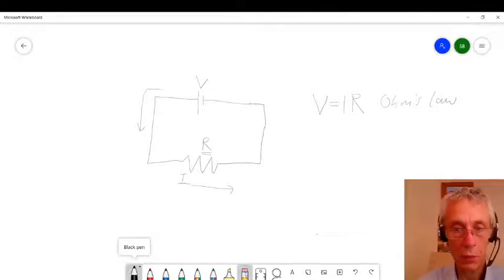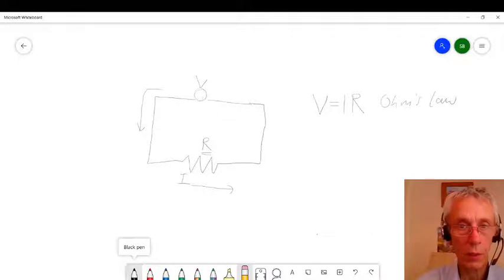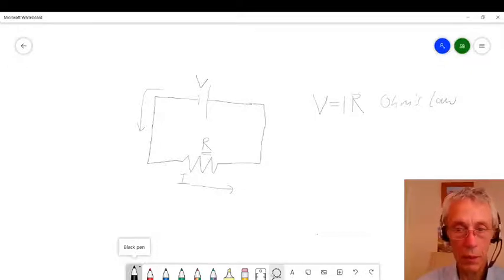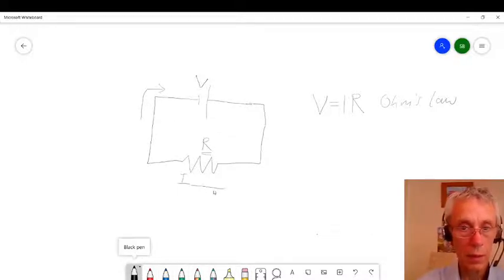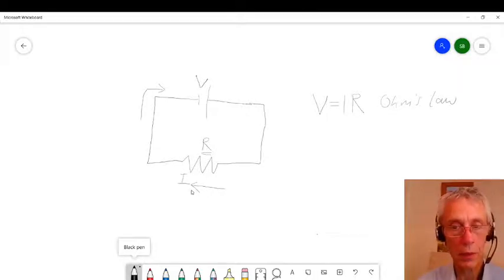And, crucially, if I swap this around to point the other way, the current now is going to go in the opposite direction, but it'll be the same in magnitude, regardless of the direction.